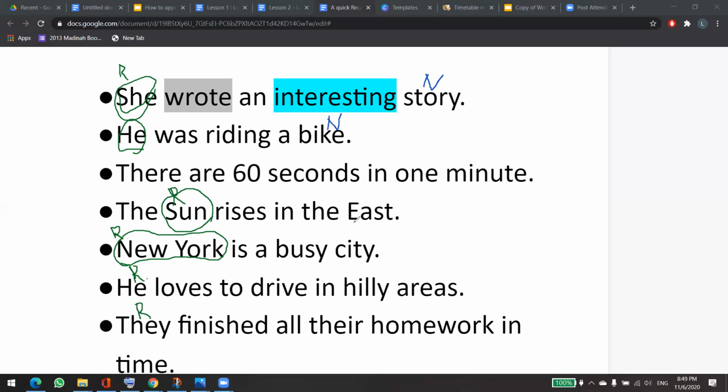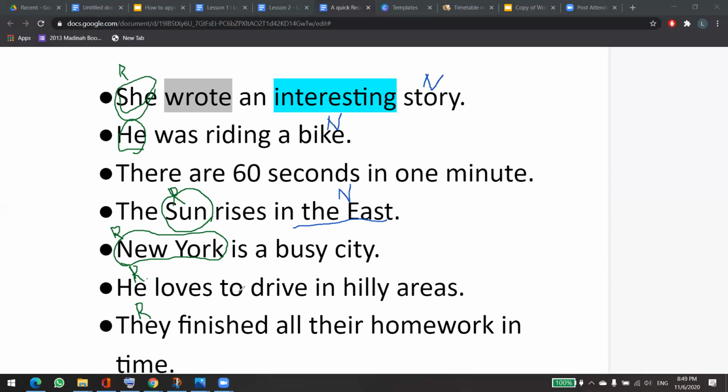The sun rises in the east. Where does it rise? It rises in the east. So in the east is nasab in status. Okay. Then if there is an action, there would be details, right?